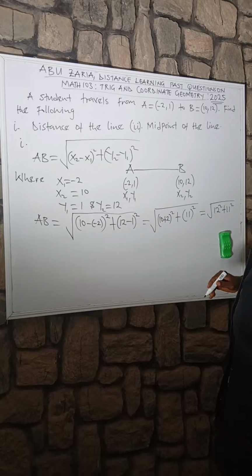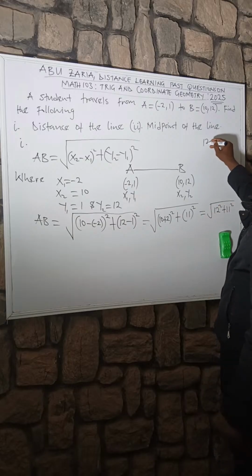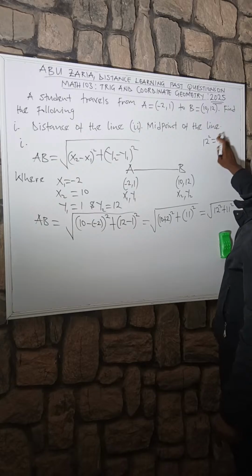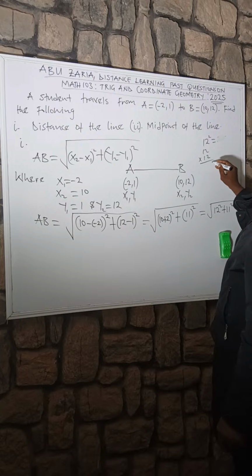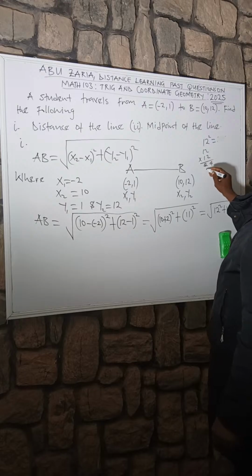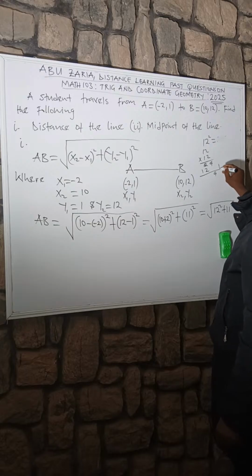Here 12 squared means 12 times 12. 2 times 2 is 4, 2 times 1 is 2, 2, 1, so we have 144.